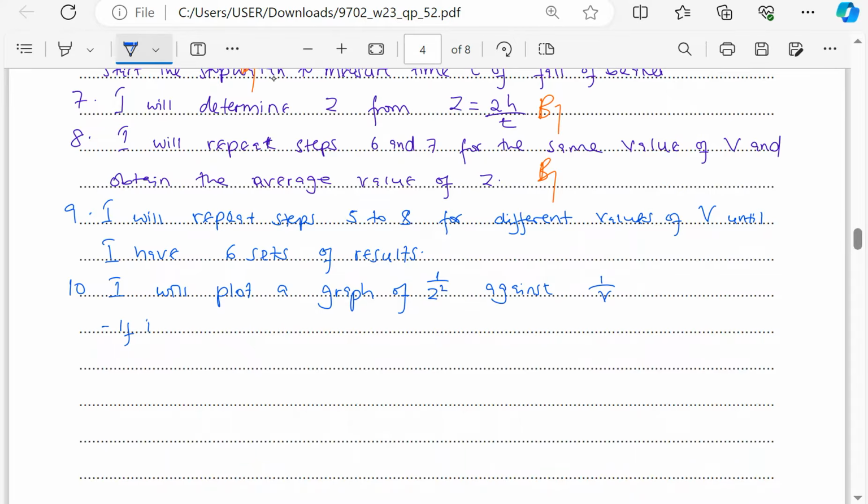So if it is a straight line passing through 1 over 2bh, that is the y-intercept, then the relationship is valid.